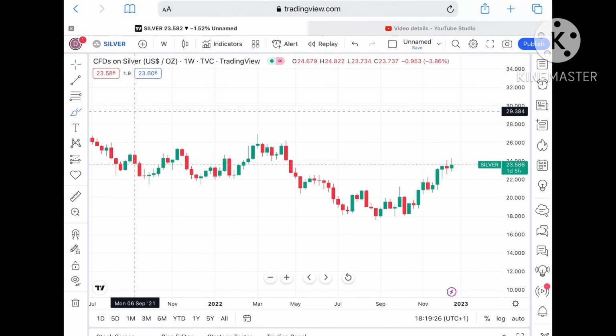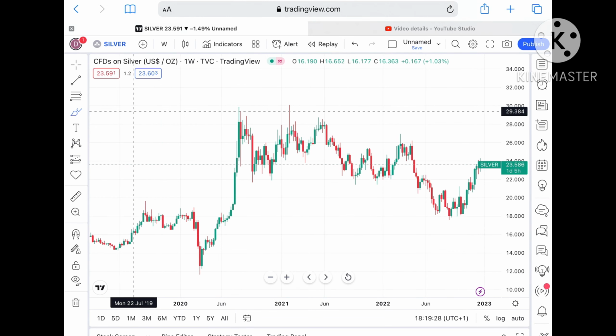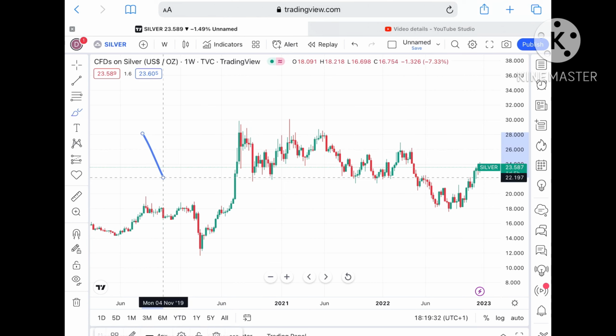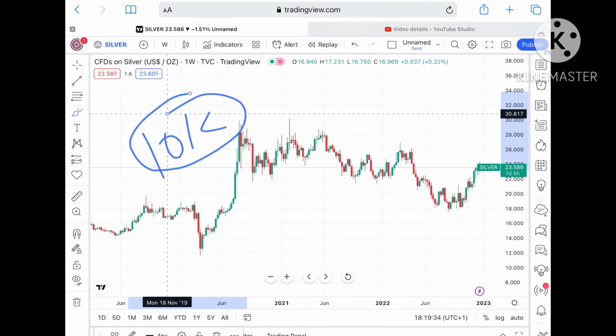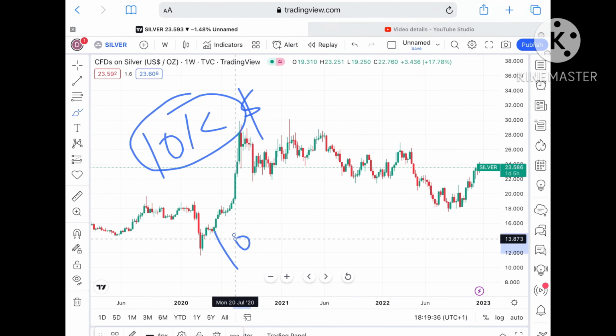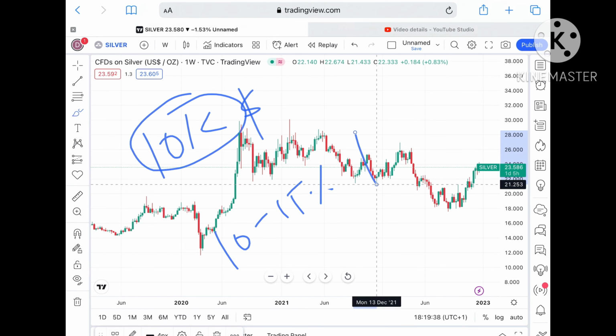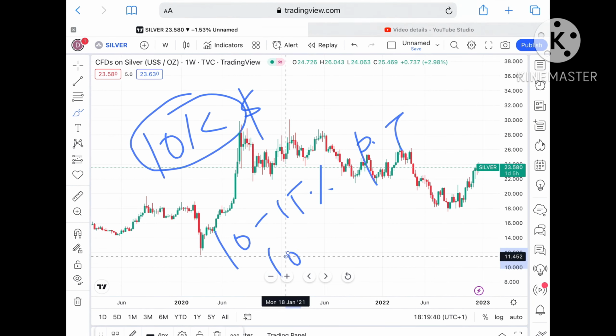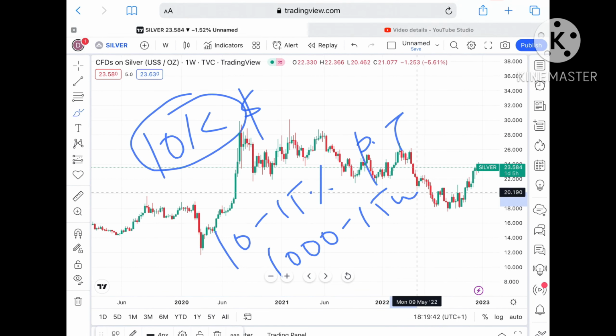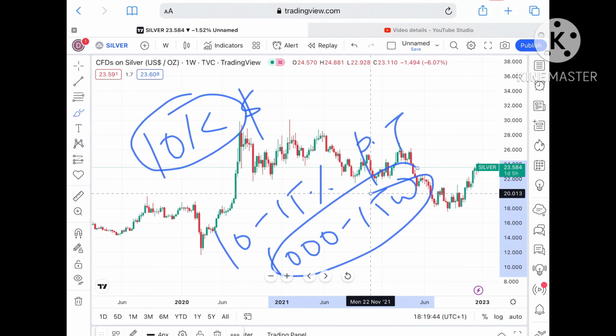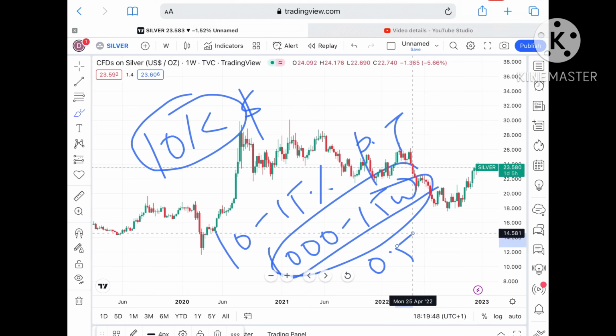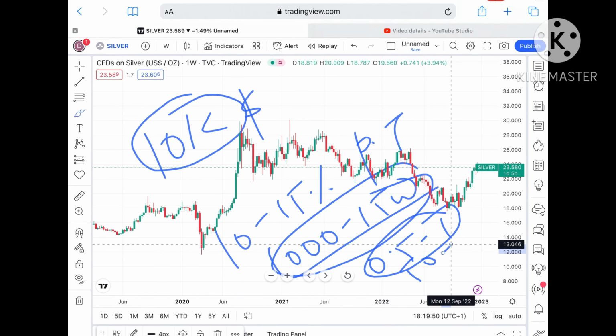Now understand something. Most people lose money in trading. Suppose you're trading with $10,000, try to trade with 10 to 15% of capital per trade, that is 1000 to 1500. This is all my personal opinion. Now, a risk of 0.5 to 1%, that is $50 to $100.